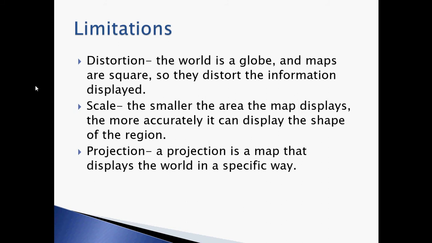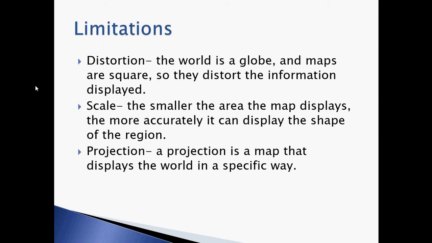But one thing to understand about that is that the scale will really affect the distortion. The smaller the area the map displays, the more able it is to accurately display the relative size and shape of the region. So let's go back to that orange example. If you're trying to flatten out the entire thing, you're not going to be able to get the whole orange flattened because it's going to be distorted.